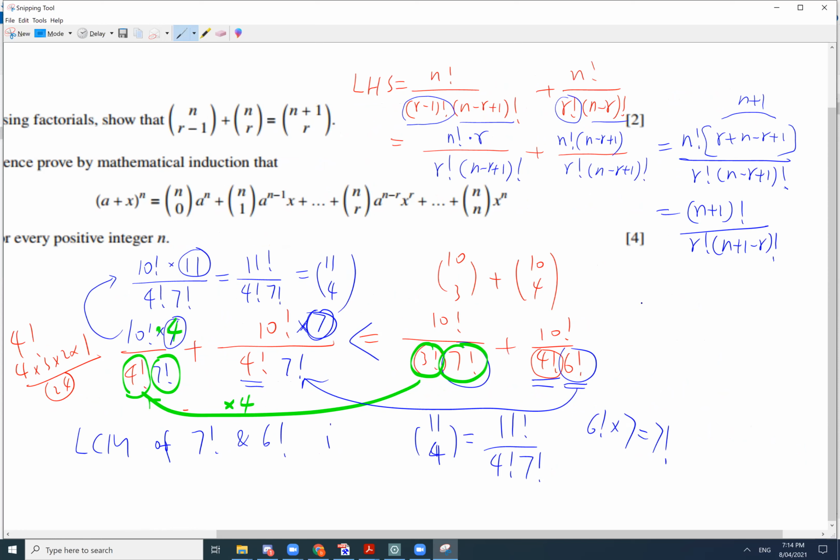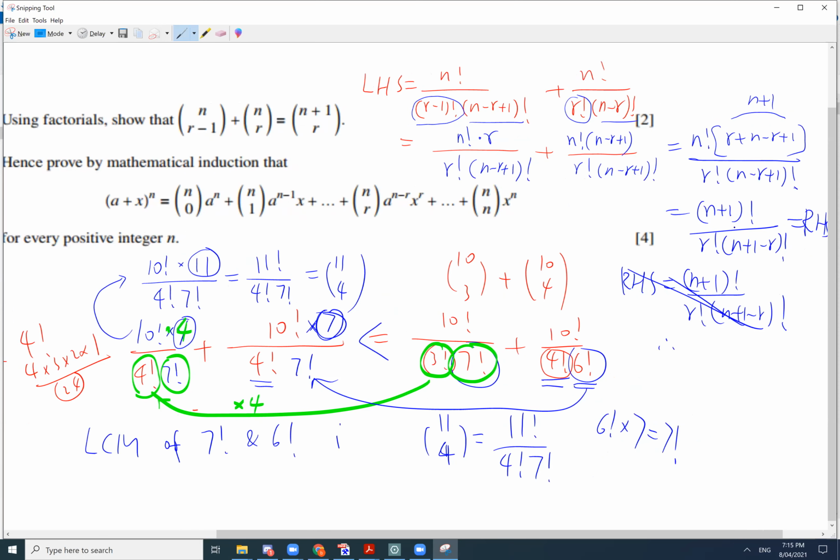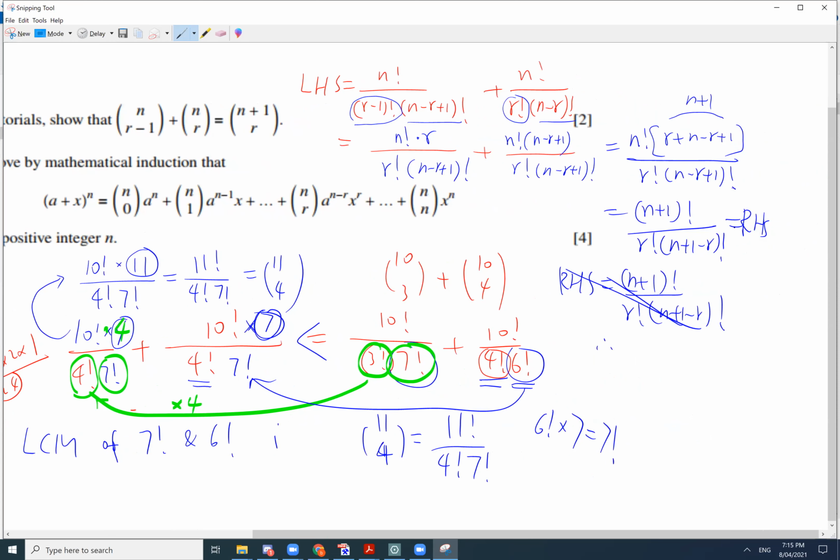That's the left-hand side. Right-hand side, n plus 1 factorial over r factorial times n plus 1 minus r factorial. Same. Therefore, you don't have to write it. You just say equals right-hand side. That's how we prove it using factorial.